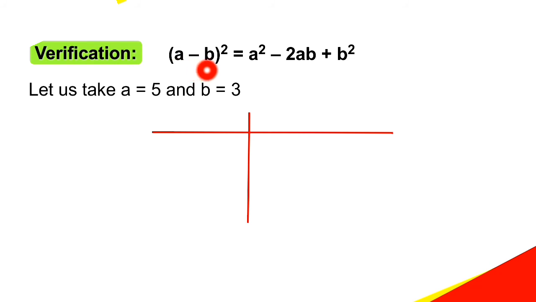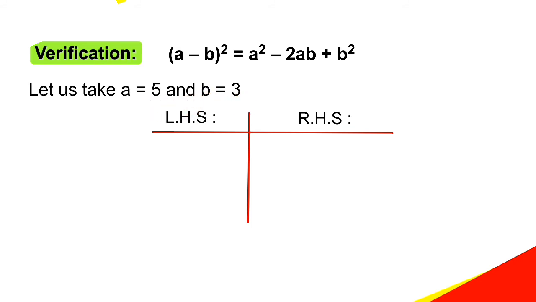A minus B whole square is on the LHS and A square minus 2AB plus B square is on the RHS. Now we are going to separate the LHS and RHS. Now I am going to substitute A value 5 and B value 3.